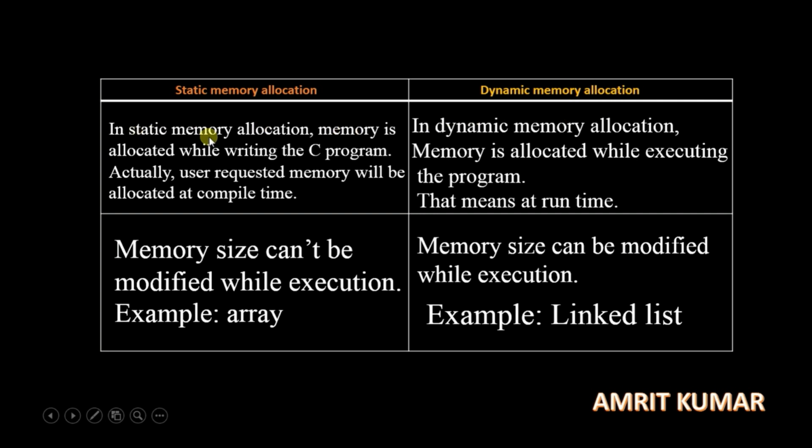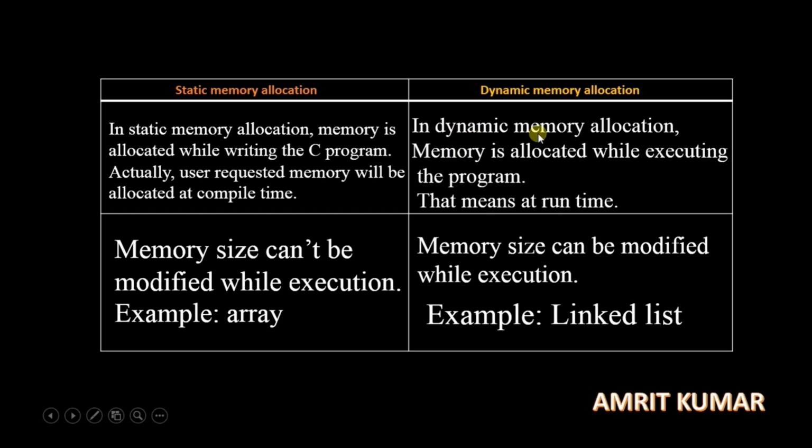In static memory allocation, memory is allocated while writing the C program. Actually, the user requested memory will be allocated at compile time. So if we take the example of an array, we request the compiler to allocate such kind of memory.